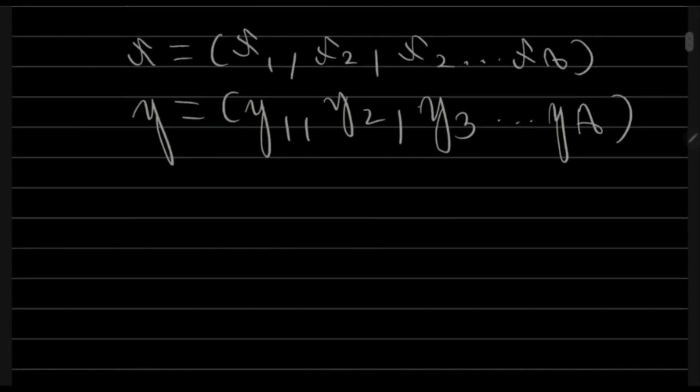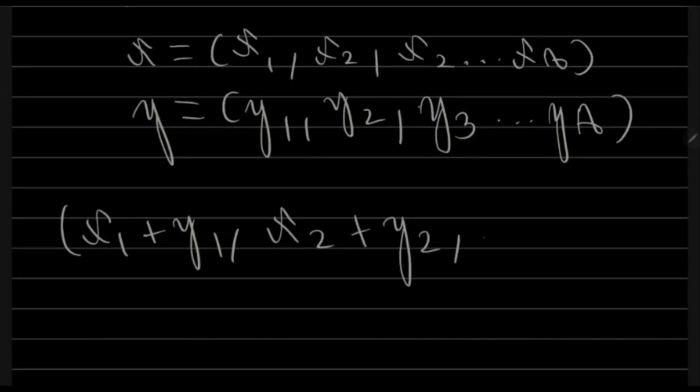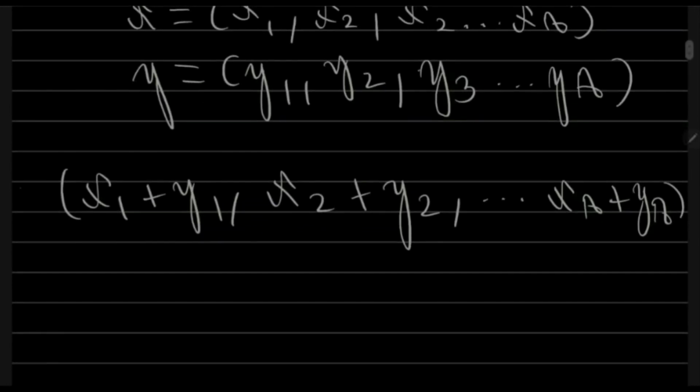So x1 is added to y1, x2 is added to y2, all the way to xn and yn. And we'll call this z. So x plus y equals z.